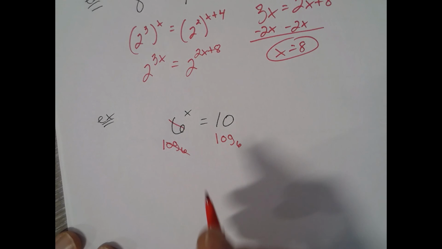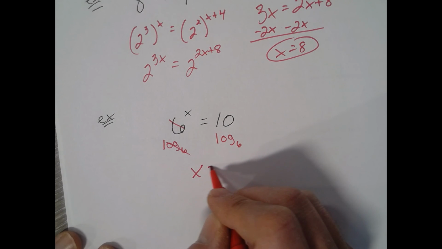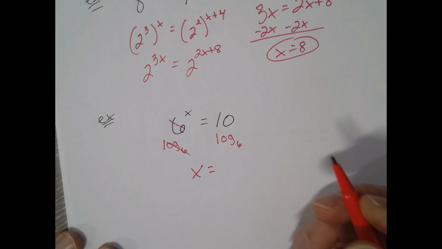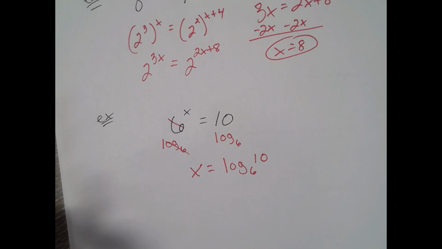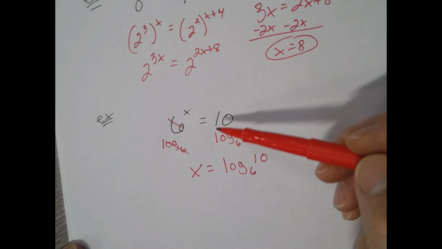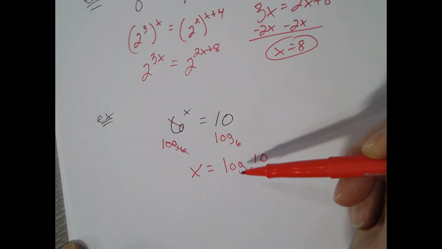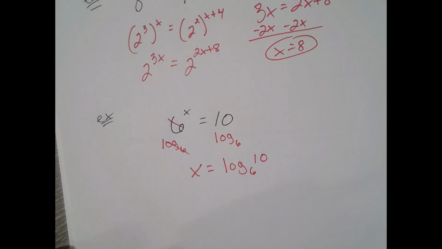So we have x equals the log of 10 base 6. It's basically rewriting it from an exponential to a log equation. Okay, log base 6. Now, we can do that on our calculator.